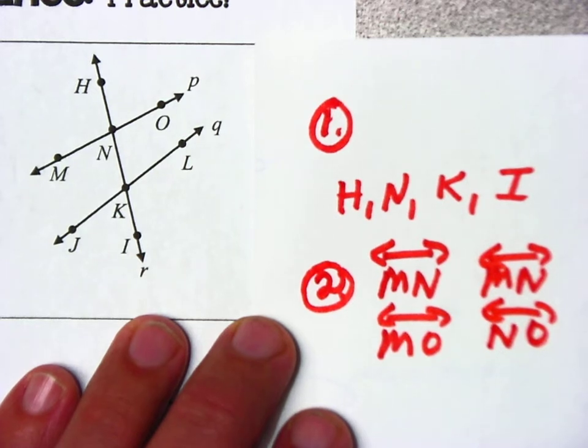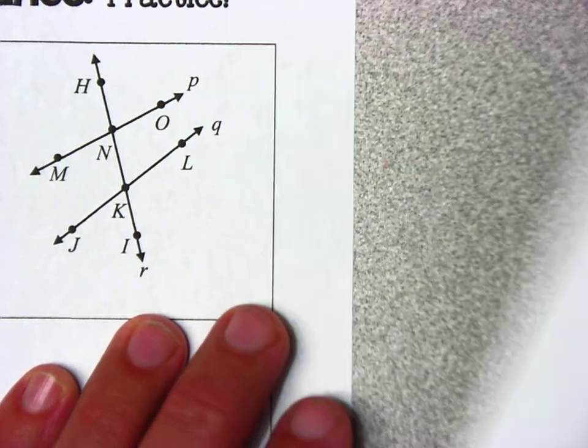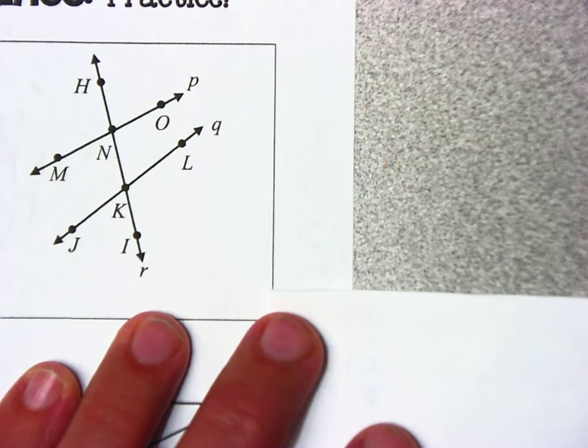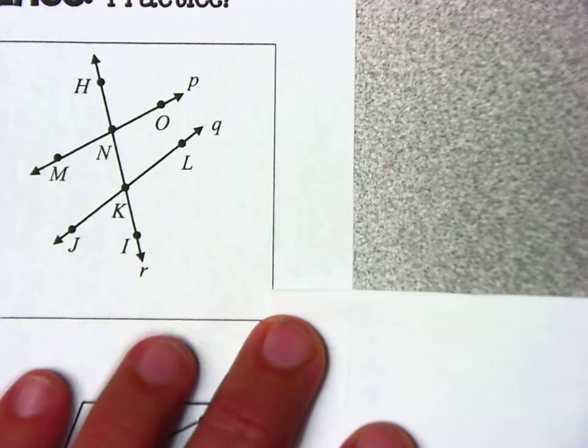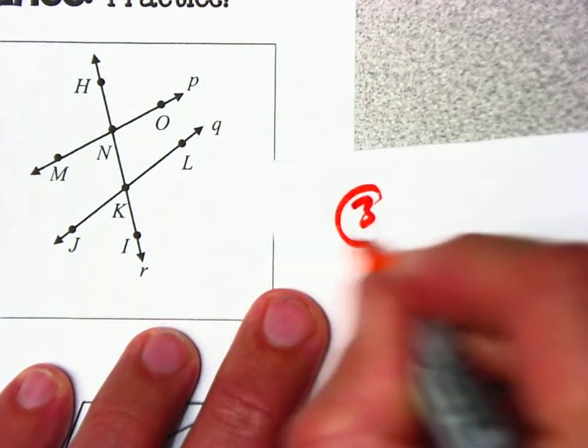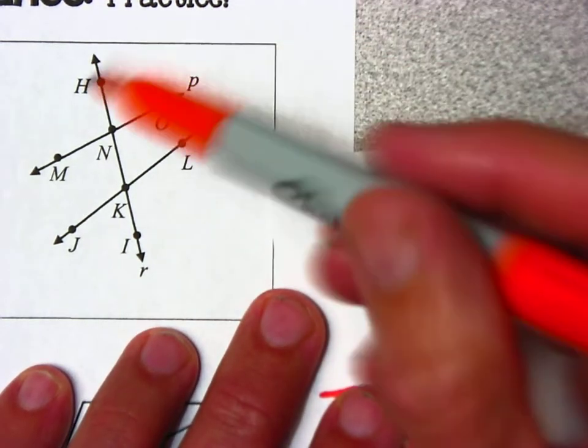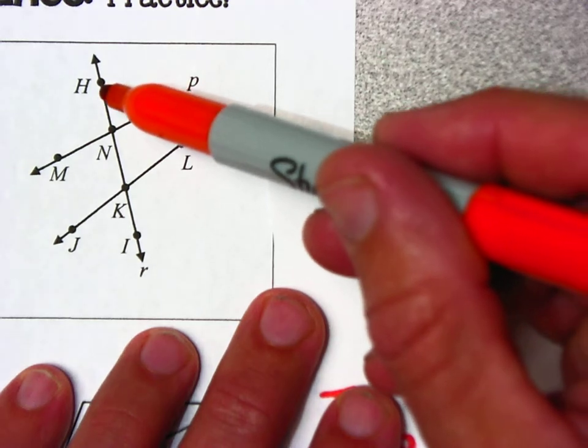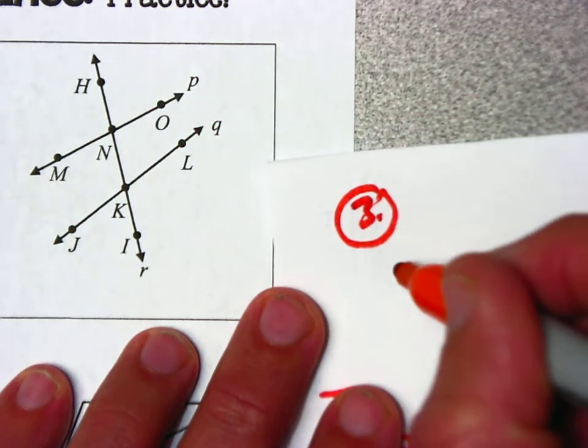Okay, question 3. A line that contains points H and K. A line that contains both points H and K. You want points H and K, so it's the same thing. This time I'm going to do it right. Let's just do the obvious. Let's just do HK.